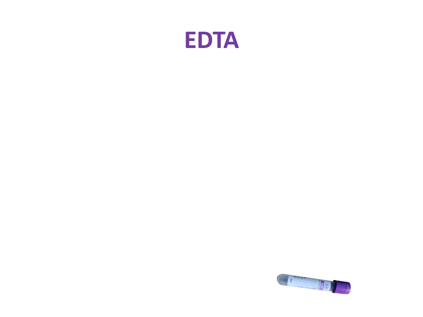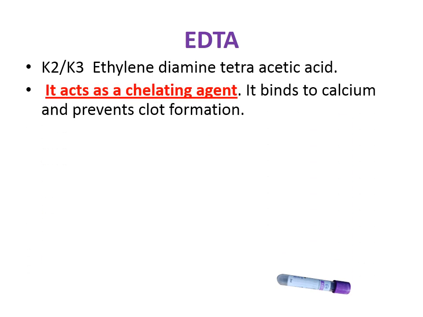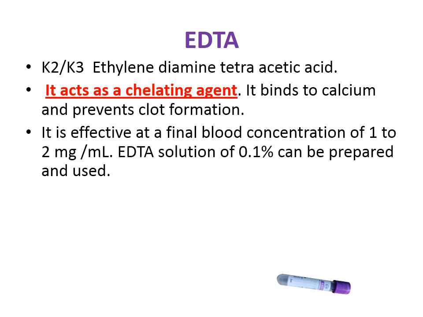Next anticoagulant is EDTA. Dipotassium or tripotassium salts of EDTA are routinely used. In some places, sodium salts of EDTA are also used. It acts as a chelating agent. It binds to calcium and prevents clot formation. It is effective at a final blood concentration of 1 to 2 mg per ml of blood.